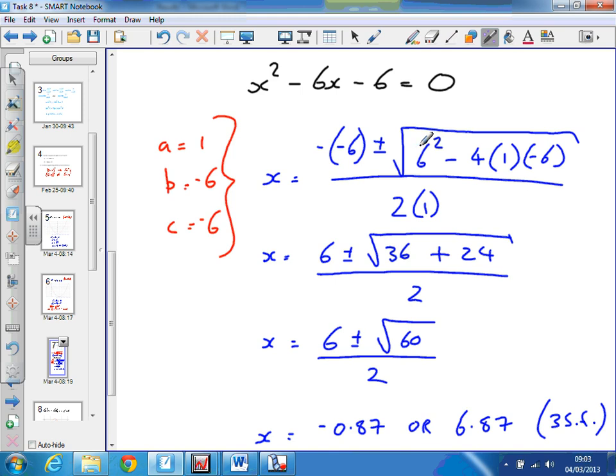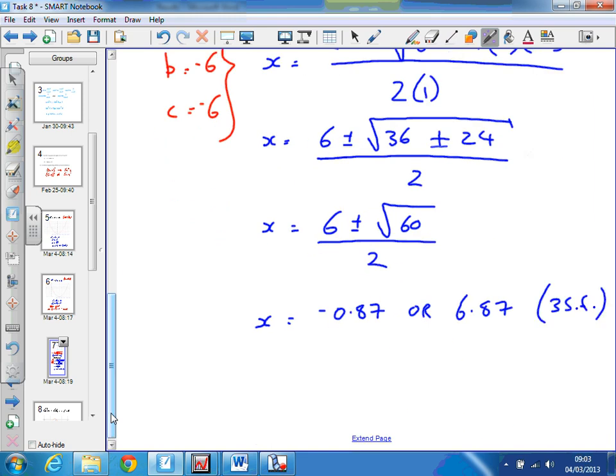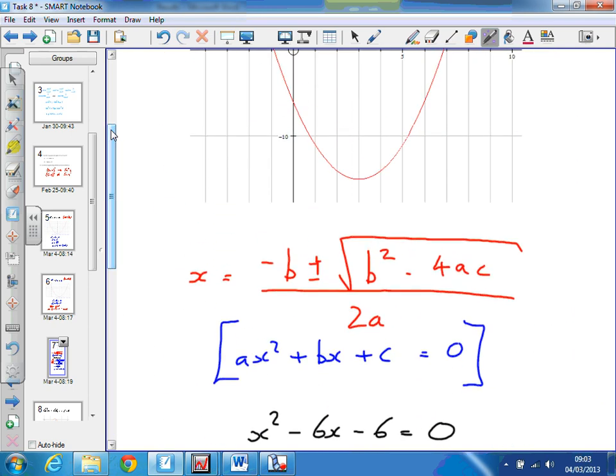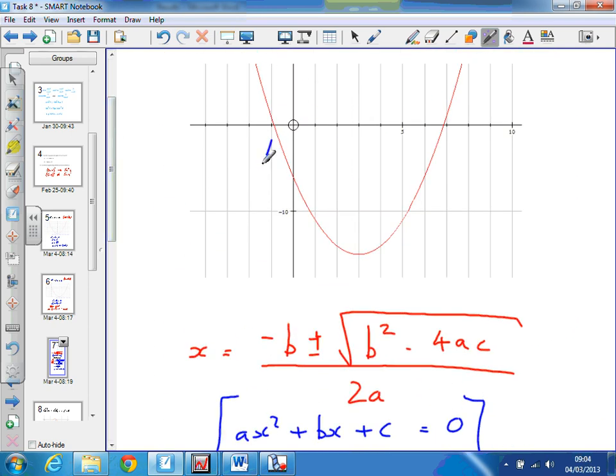So just ignore the negative sign. Minus a minus again is going to give us a plus, so we just have to be careful of the signs when we do this. And then when we do it, we get the answer x equals negative 0.87 or 6.87. And if you look back at the sketch, we'll see that that pretty well agrees. It cuts at negative 0.87 or 6.87.